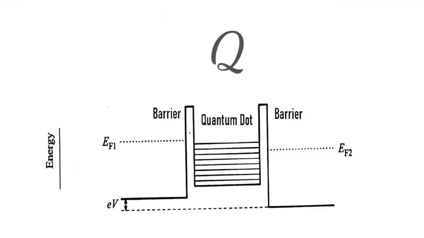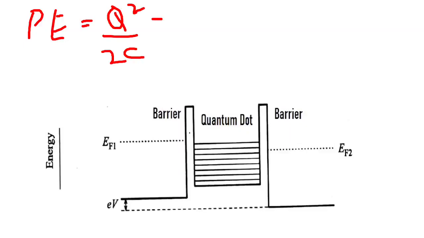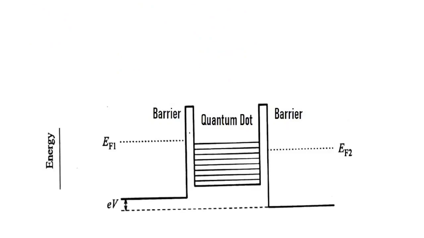If the charge in the quantum dot is capital Q and its capacitance is capital C, the potential energy will be Q square by 2C. Therefore, an energy of at least Q square by 2C, that is e square by 2C, will have to be provided to the electron, which means that for the electron to enter the dot, the voltage will have to be raised to at least e by 2C.